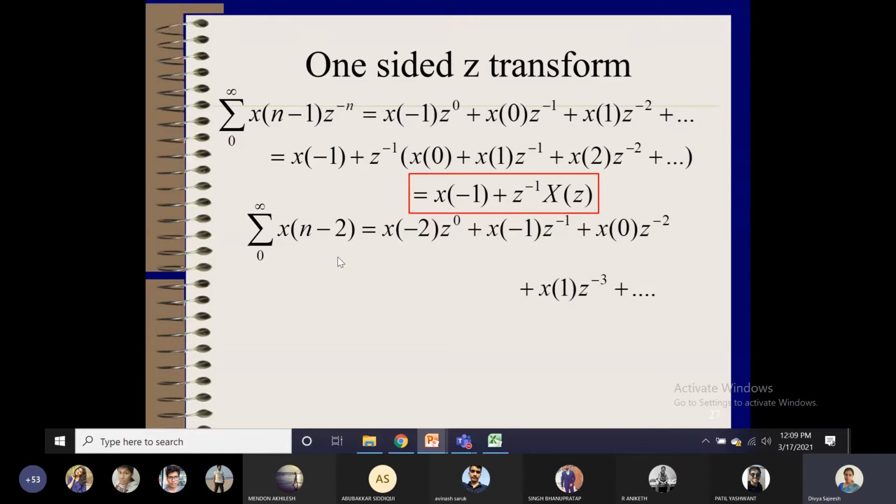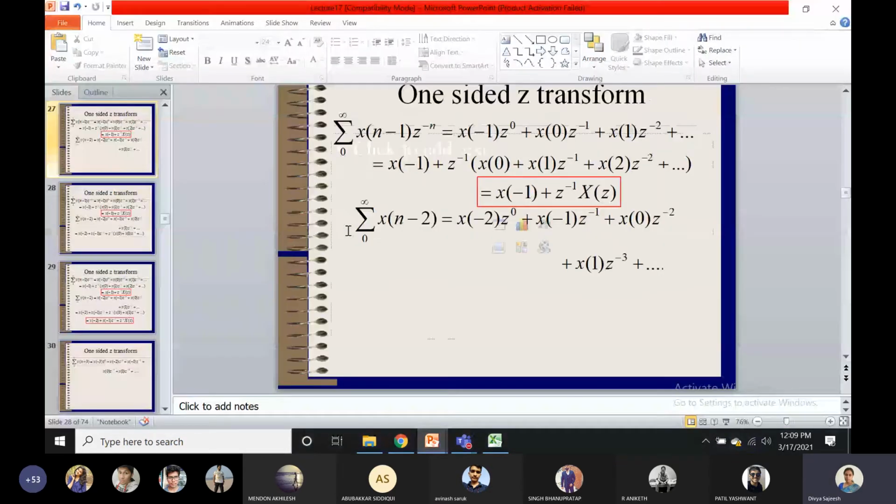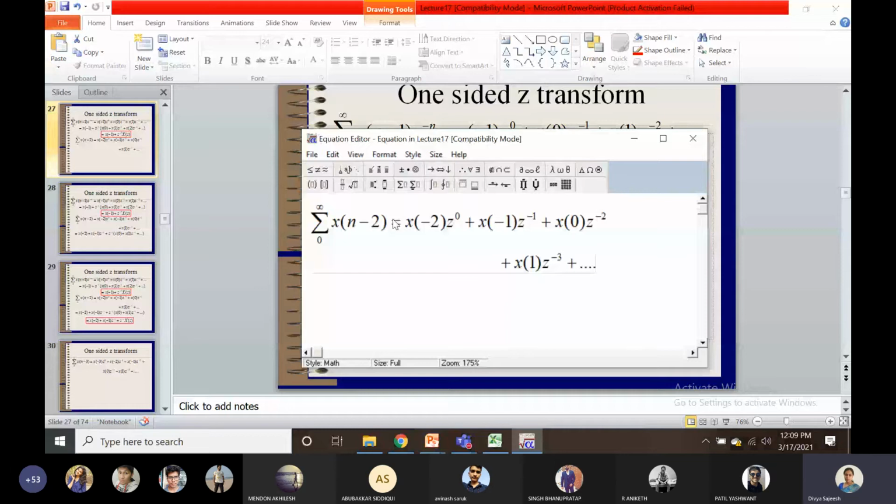By putting n equal to 0, 1, 2 up to infinity. So if I put n as 0, first it will be x of minus 2, z raised to 0. Okay, here I have z raised to minus n.